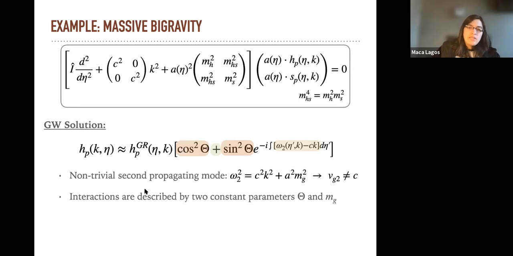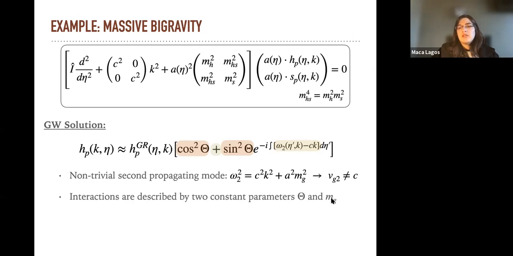Also, we see here that this entire solution has two free parameters. I was saying that in this case, they are constants in time. One is this parameter theta, which is called the mixing angle, and is representing the relative amplitude of the first propagating mode and the second one to the total gravitational wave signal.